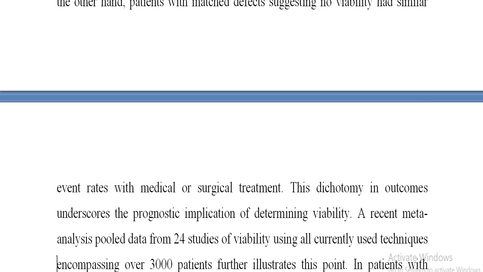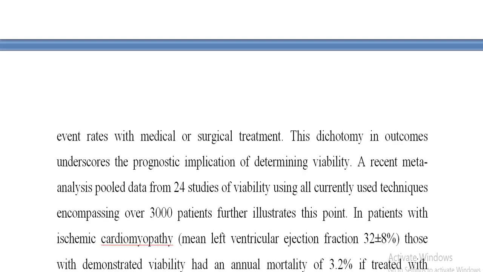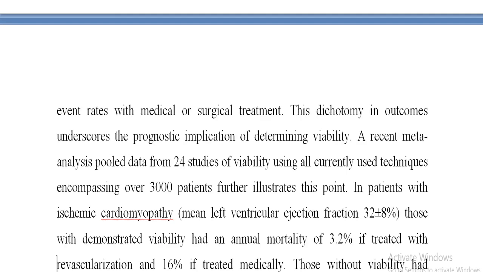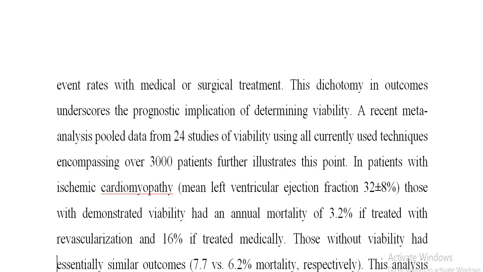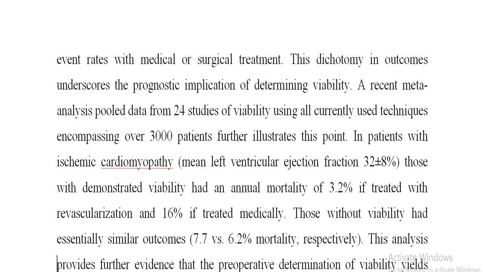A recent meta-analysis pulled data from 24 studies of viability using all currently used techniques, encompassing over 3,000 patients, and further illustrates this point. In patients with ischemic cardiomyopathy, mean left ventricular ejection fraction 32 plus or minus 8%, those with demonstrated viability had an annual mortality of 3.2% if treated with revascularization and 16% if treated medically.